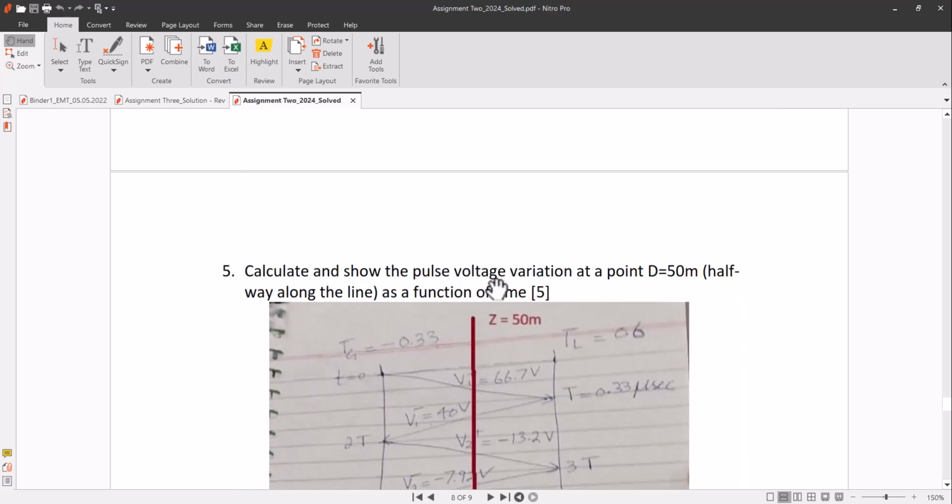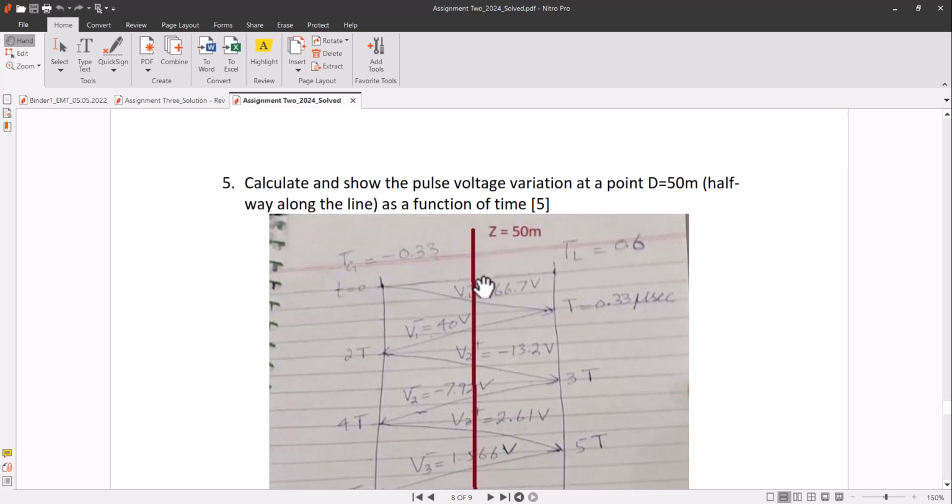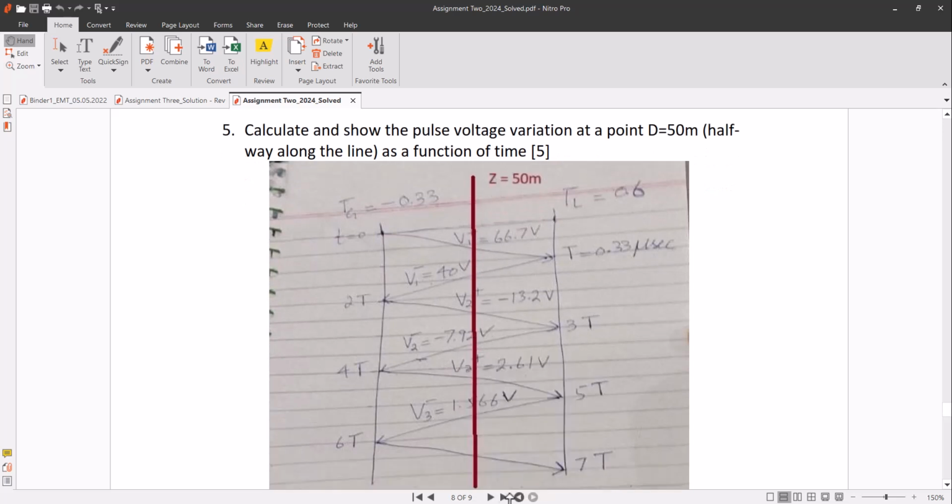Now calculate and show the pulse voltage variation at a point 50 meters halfway along the line as a function of time. So the halfway point is 50 meters, half of the 100 meters, and if the delay is 0.33, its half will be here. Similarly here it will be half of this from this point. Similarly this is the half line.